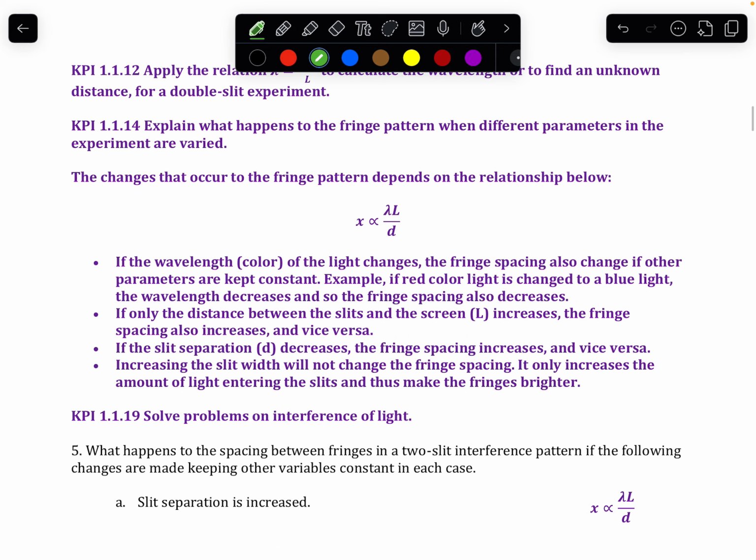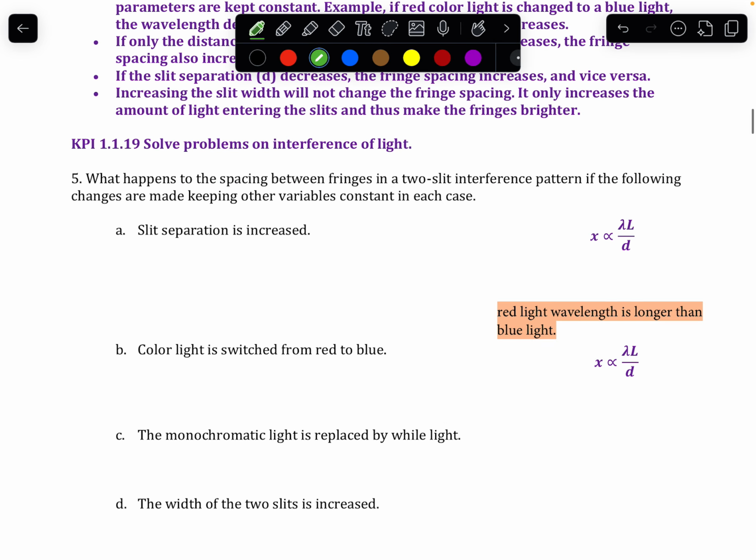Later we're going to try to analyze the changes that occur to the fringe pattern depending on the wavelength, the length, and the distance between the slits. So basically, when the wavelength increases, this is directly proportional with x. So what happens to x, the spacing between the fringes in a two-slit interference pattern, if the following changes are made, keeping other variables constant.